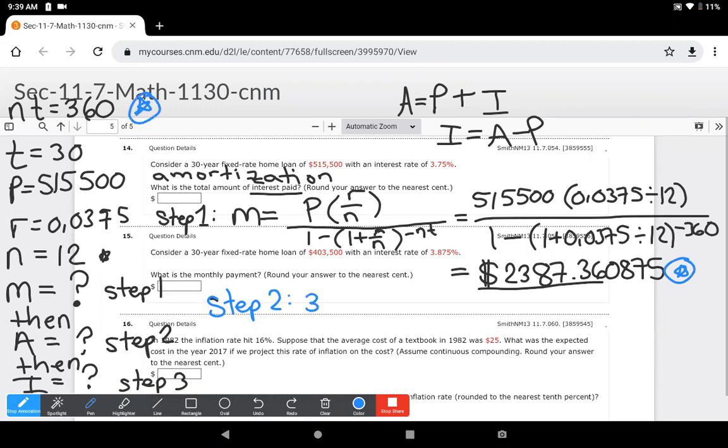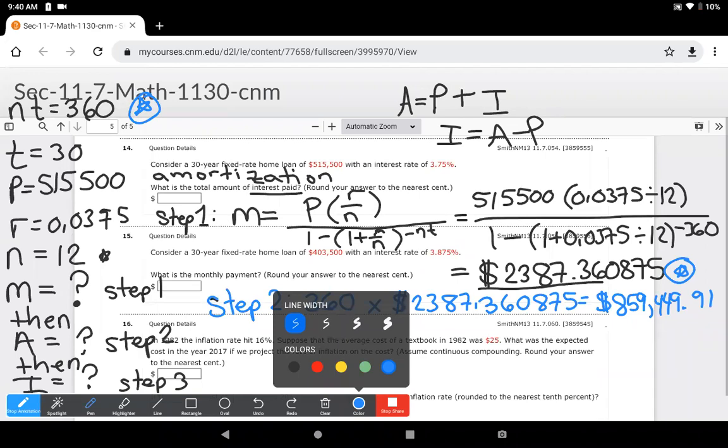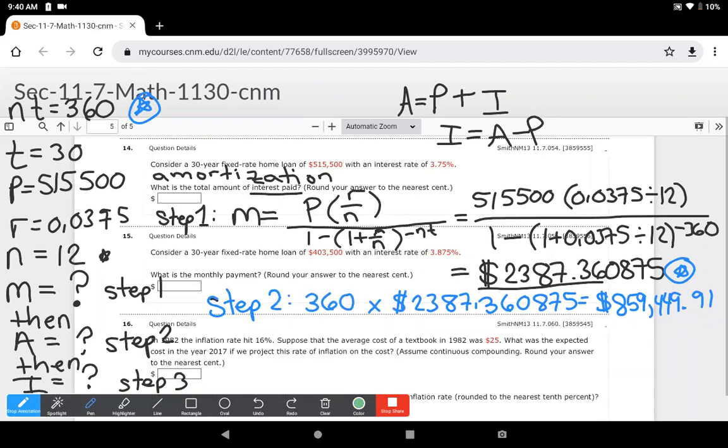So if we pay 360 of these payments, leaving it alone in your calculator so that you don't mess it up, then we see that we're actually paying for the house a total of 859,449.91. Okay, so that's our future amount, just in that we're going to make 360 payments of this amount.